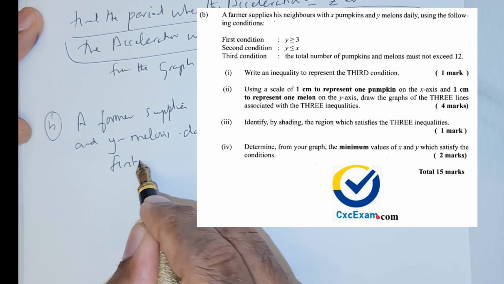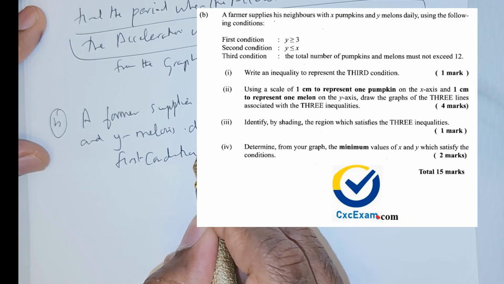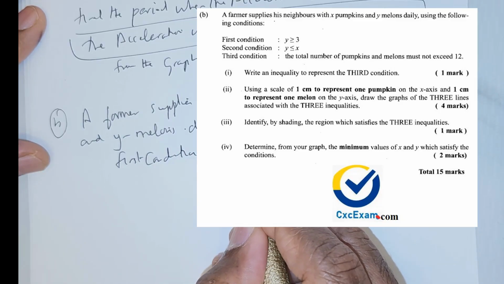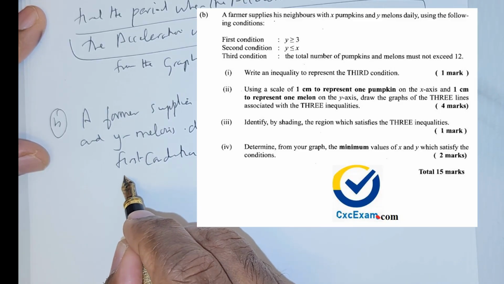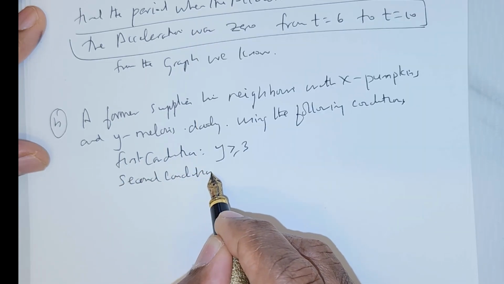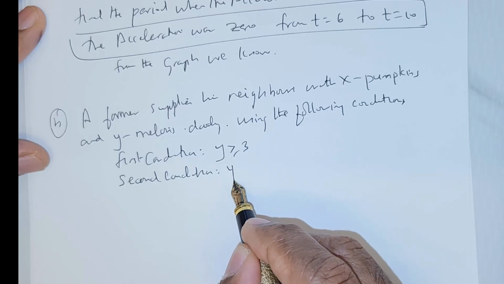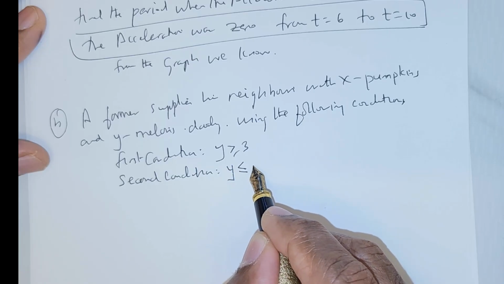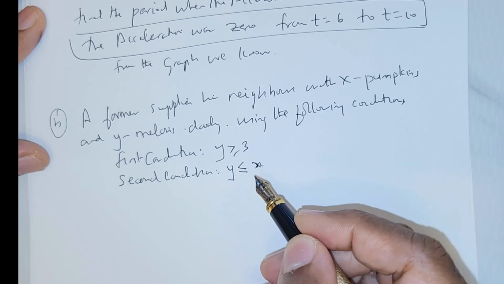Now the first condition is y is greater than or equal to 3. Second condition is y is less than or equal to x, always less than or equal to x.